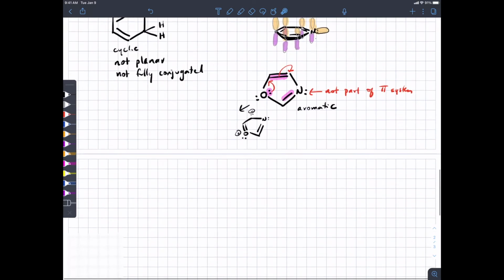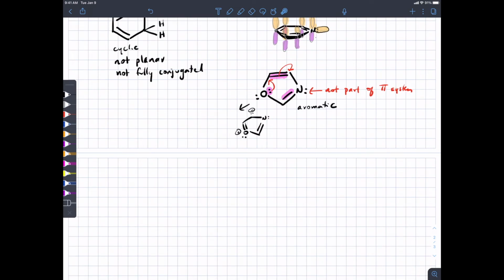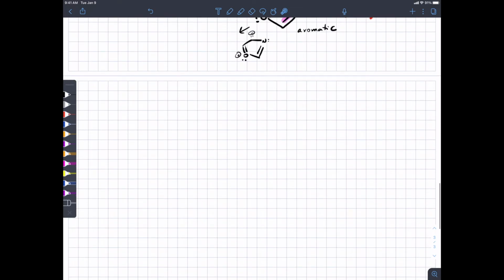I want to talk about molecules that are cyclic but have the wrong number of electrons. Well, before I do that, another boring example of a molecule that's not aromatic is that one. It's fully conjugated.